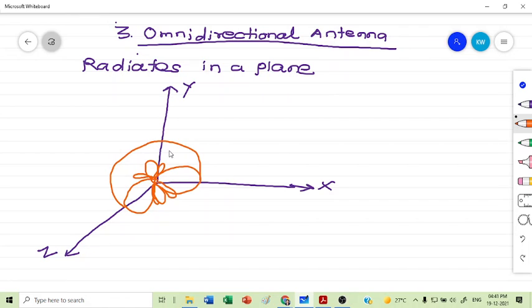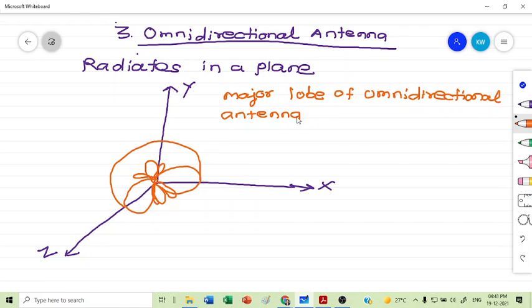Now the major lobe of omnidirectional antenna is in the XZ plane.